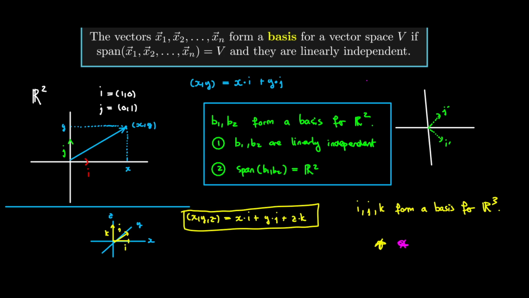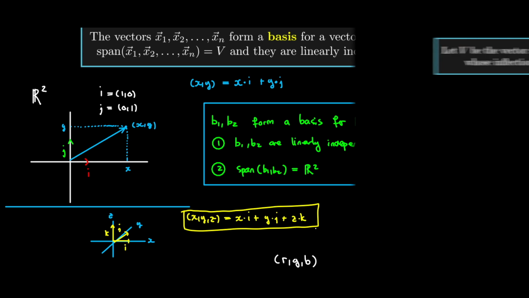Let me be more clear here. Color on a screen consists of 3 different numbers: the red component, the green component, and the blue component. So actually color is a 3-dimensional vector, and the basis is red, green, and blue. So anyways, that's interesting.